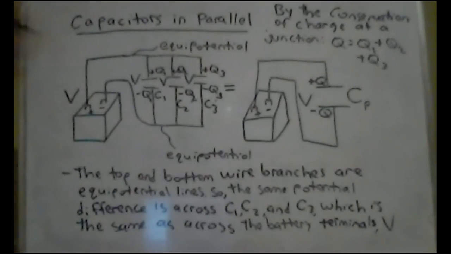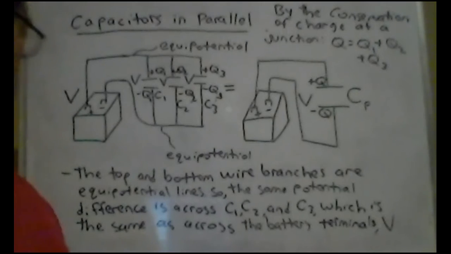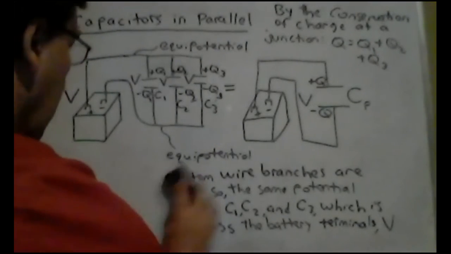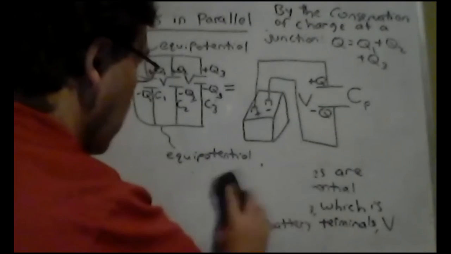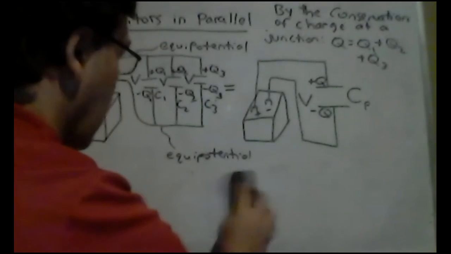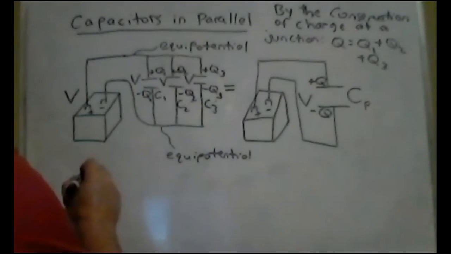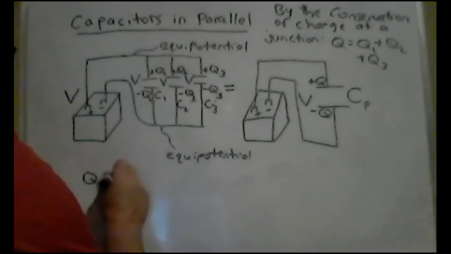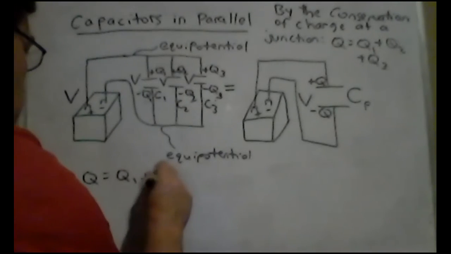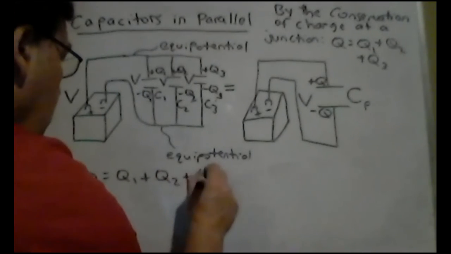So the important equation here is the equation at the junction for a parallel connection. The junction equation is going to be Q is Q1 plus Q2 plus Q3.